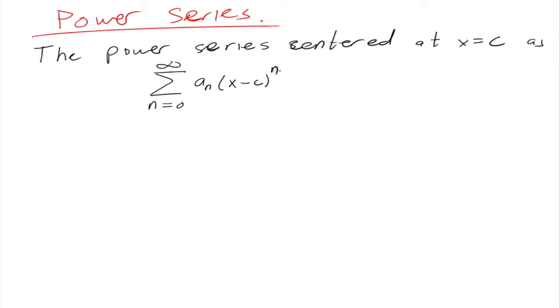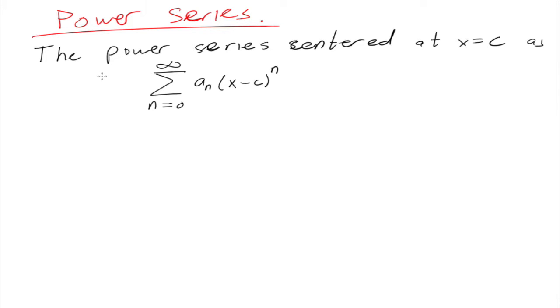So the first thing to notice is, what's new? Well, the a sub n isn't new, but x minus c to the n. Well, the big thing that's new is the x, right? Oh, well, no, that's Taylor polynomial.